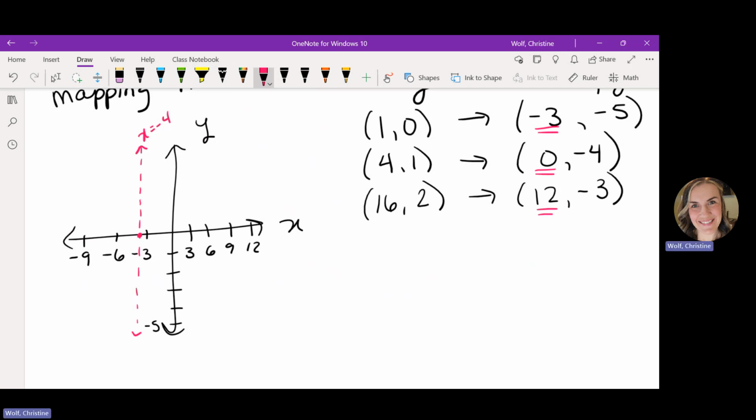Now let's plot our 3 points. So the first one is -3, -5. I'm down there. 0, -4. That's my y-intercept. I have a y-intercept now. We usually don't, but because we've shifted over, I do. And finally, 12, -3, 12 on x, -3 on y.